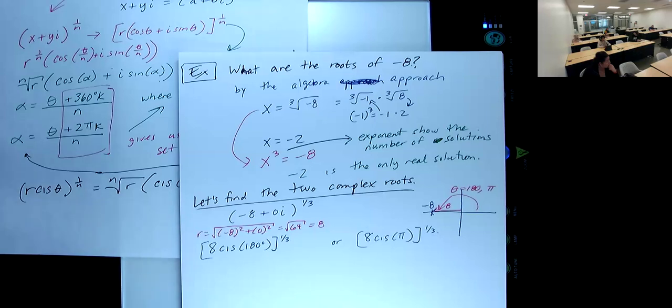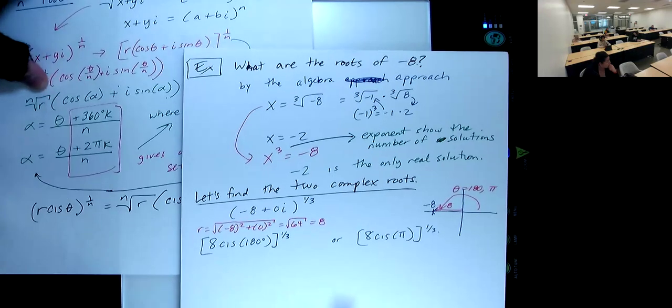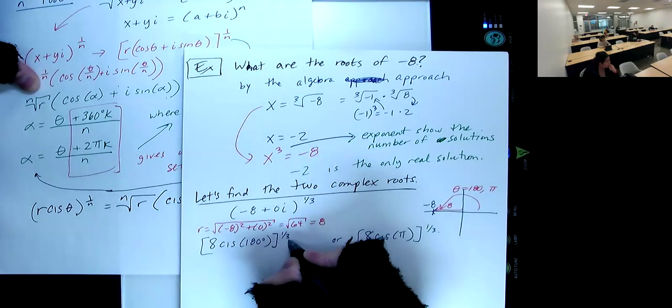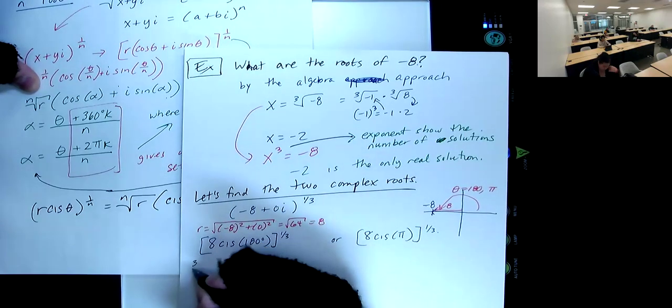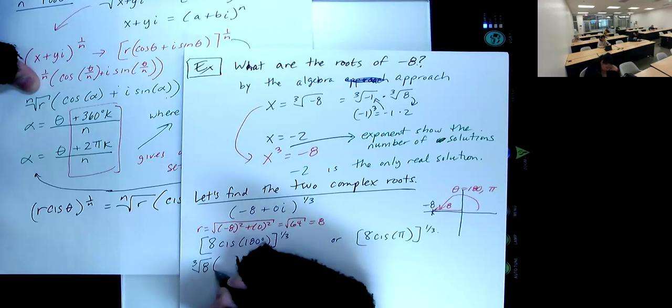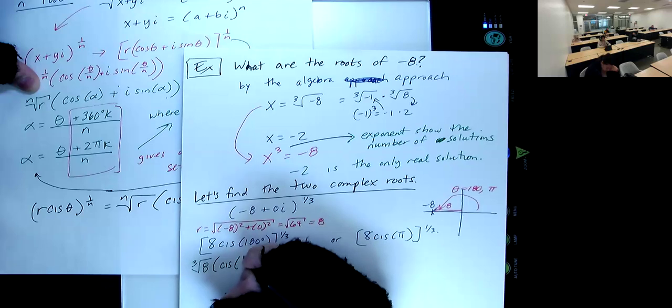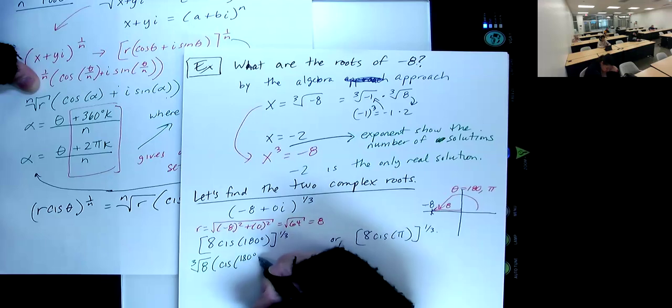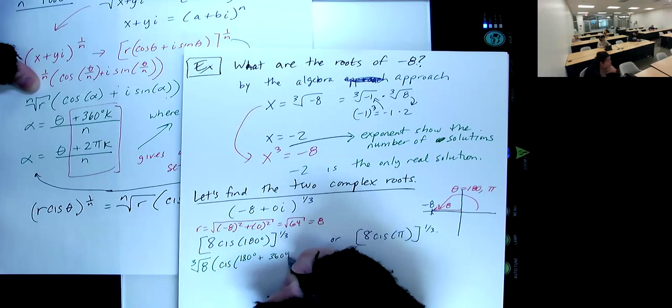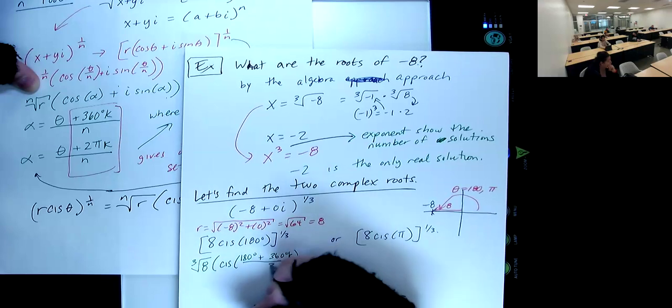Alright, so using this formula right here, it turns into the nth root of r, which is the cube root of 8, times cis of 180 plus 360k, over 3.